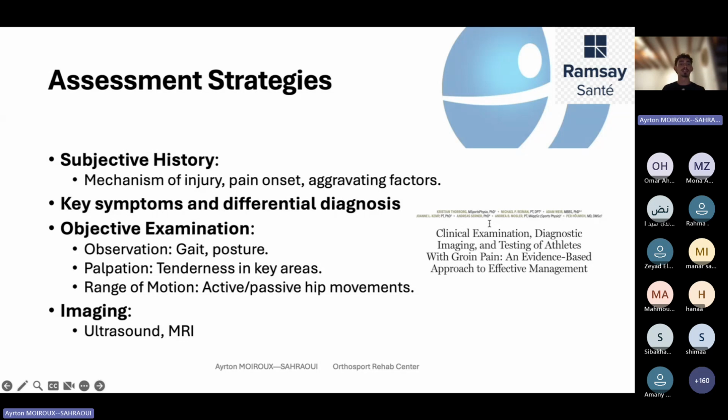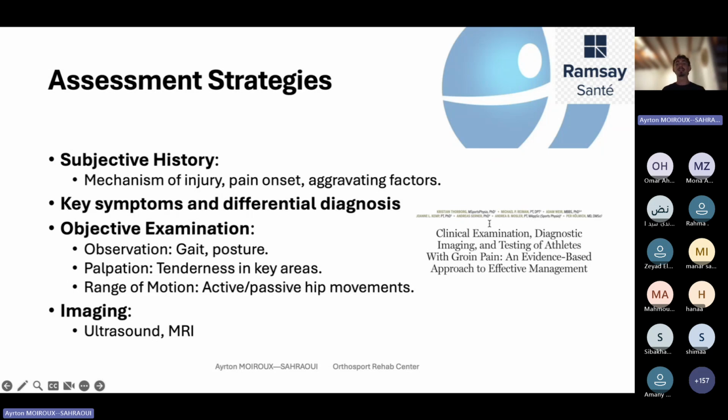So let's talk about what we want to talk about, the assessment strategy, of course. First of all, we need to have a subjective history. Okay, a detailed inquiry, beginning by asking the patient to describe the onset, the duration, and the character of the pain. Then the context and the mechanism.